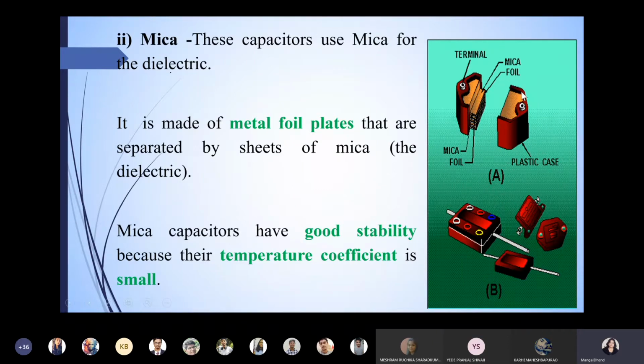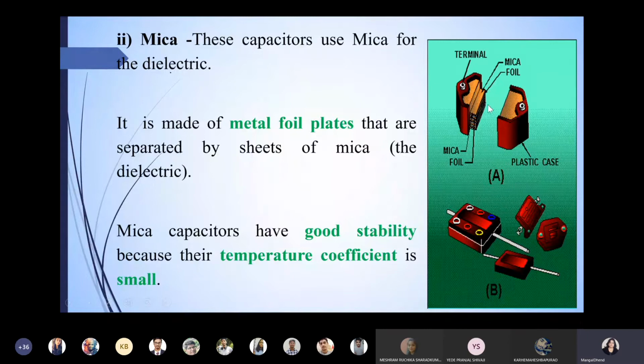This brown one is the case of the capacitor, made up of a plastic case. Aluminum foil or any metal foil you can use, and in between the two metal foils, instead of paper, you will now use mica sheets. We have seen the properties of mica, and mica is found in sheet form also.